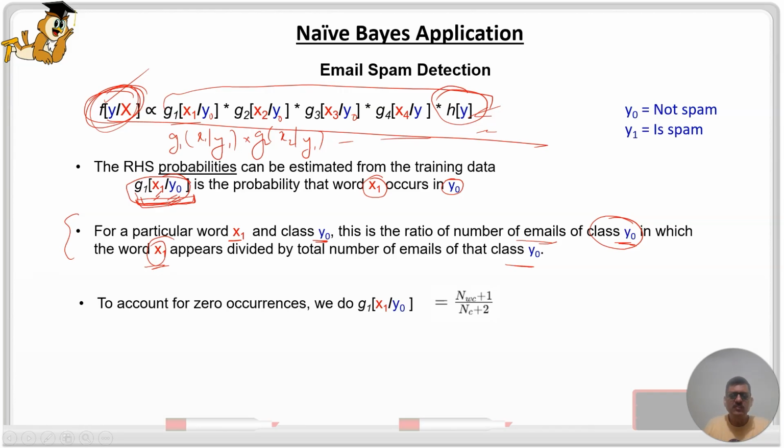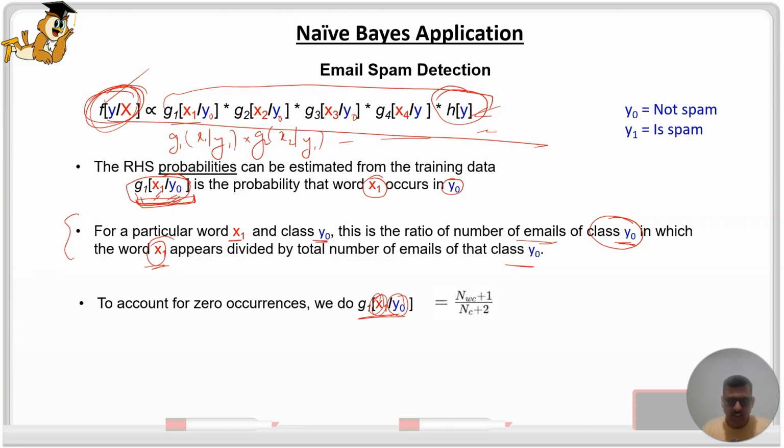Now, what happens when you have zero occurrences? It's of course possible that depending upon your training data, you may not have adequate emails, and some of these probabilities may actually be zero. Let's say the word x1 did not appear in any email in the class y0. In that case you would get G1 of x1 given y0 equal to 0, and everything would evaluate to 0, and that's not good.